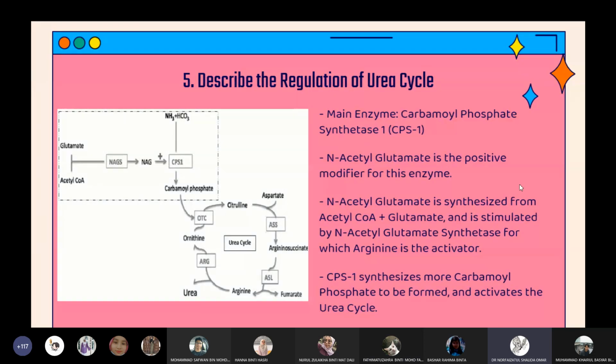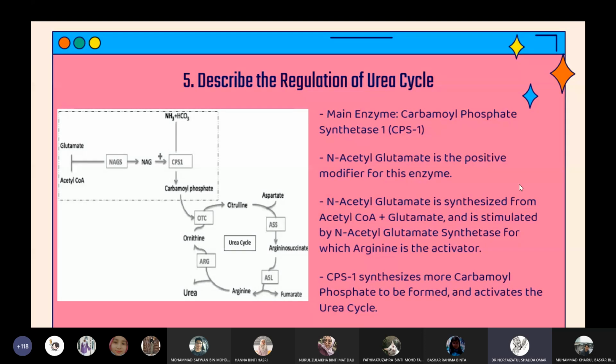So this aspartate can be produced through what reaction in the urea cycle? Yeah, argininosuccinate.